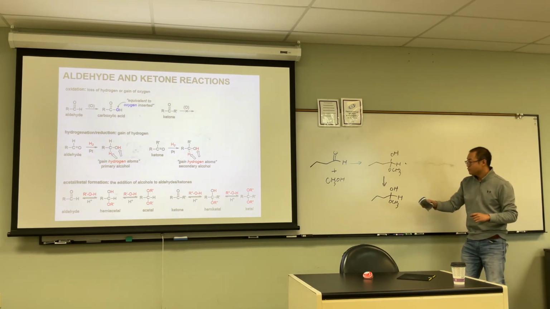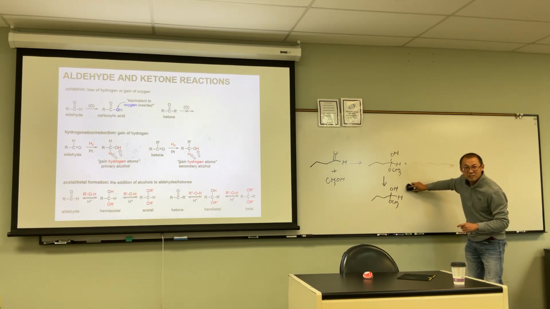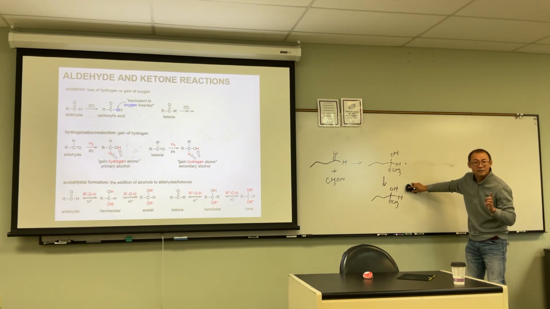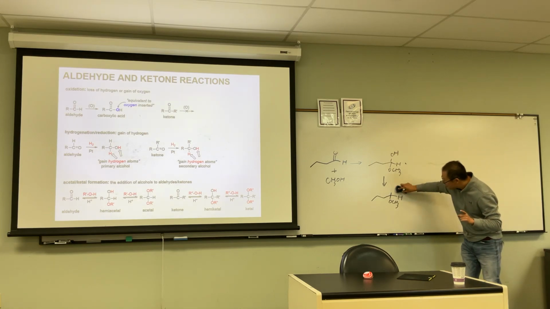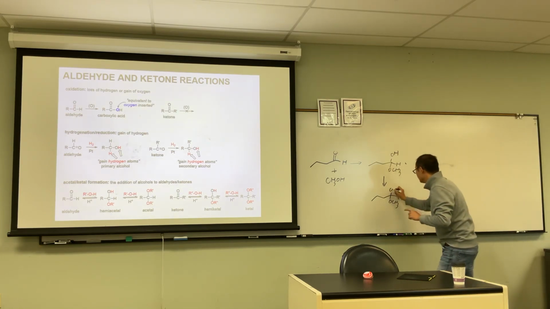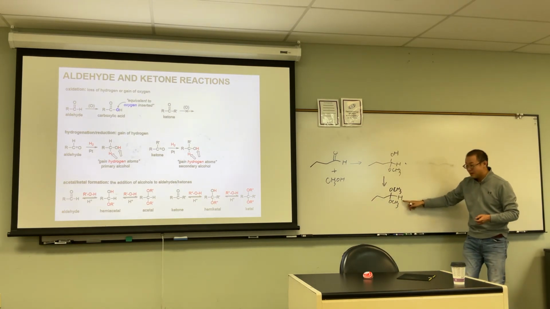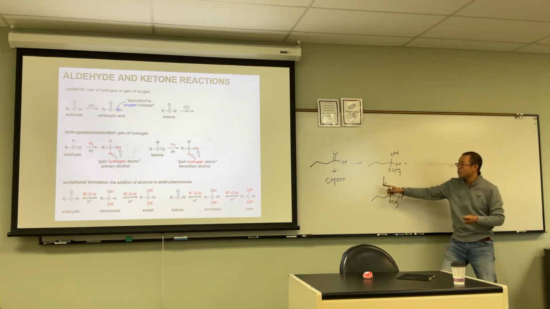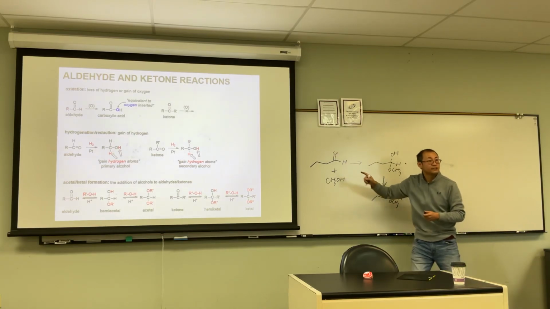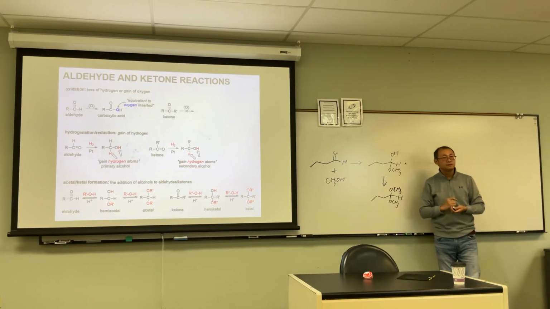Remove the H from the O, and then remove the what? Think again. The OH. And then make another OCH3. Not the H. Never touch this H. This H was which H? The aldehyde H. You guys see that?